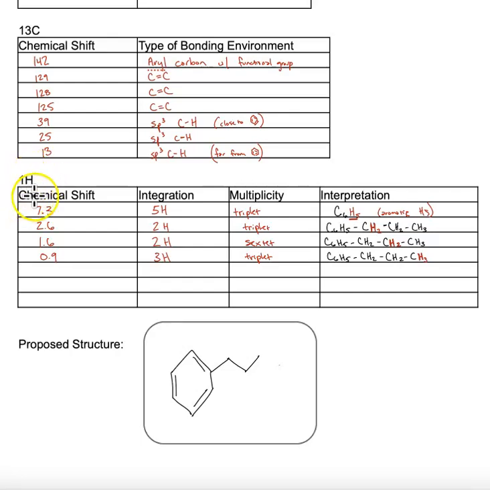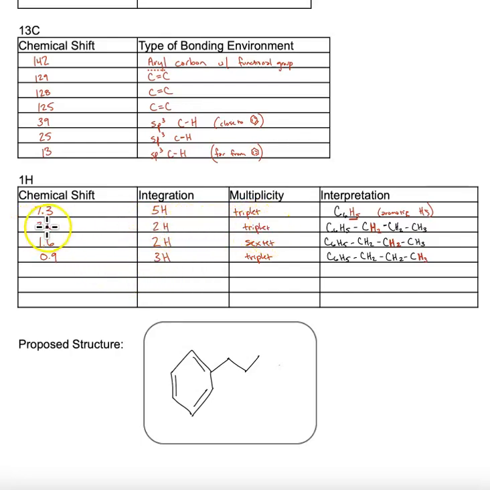Going down to our HNMR, our 5 hydrogens at chemical shift 7.3 with the multiplicity of a triplet is indicative of our benzene ring. Each hydrogen on the benzene ring has 2 neighboring hydrogens.